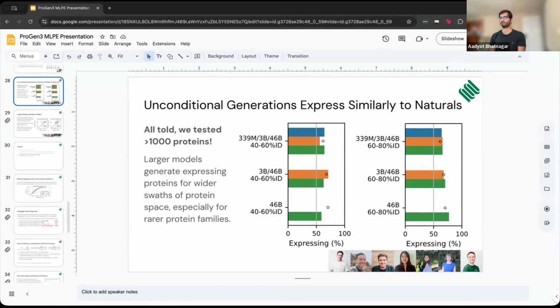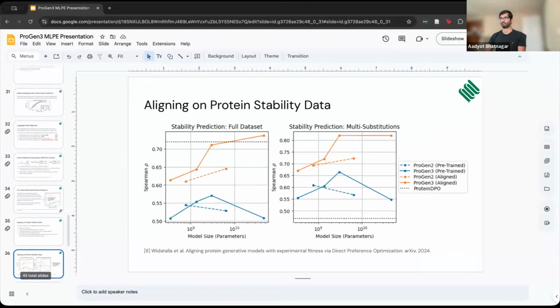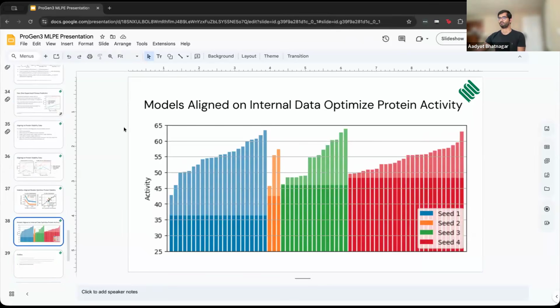We really want edge-of-the-distribution kinds of generations. Does ProGen3 with the DPO as you described bring us closer there? And what else do you think is missing in the field to actually push closer to that edge of the distribution, or even out-of-distribution performance?